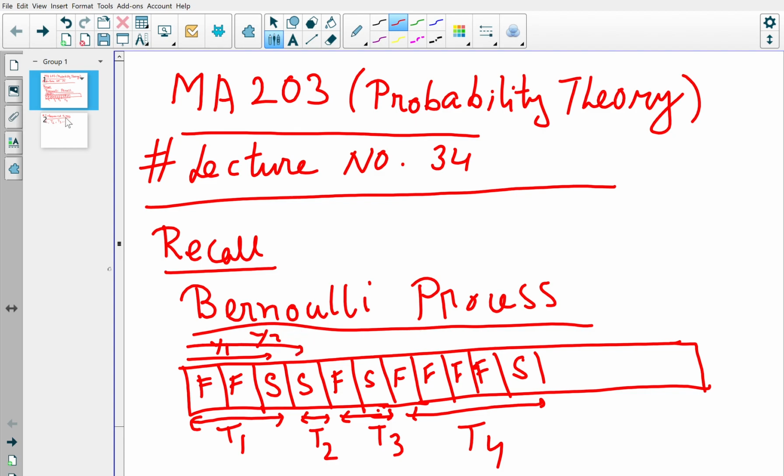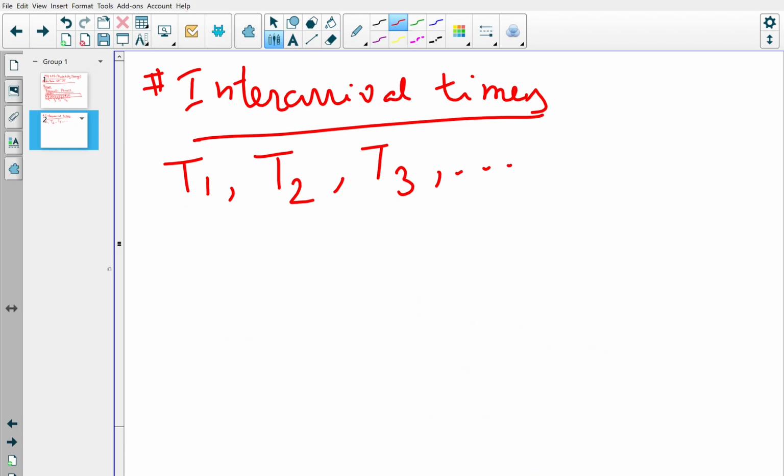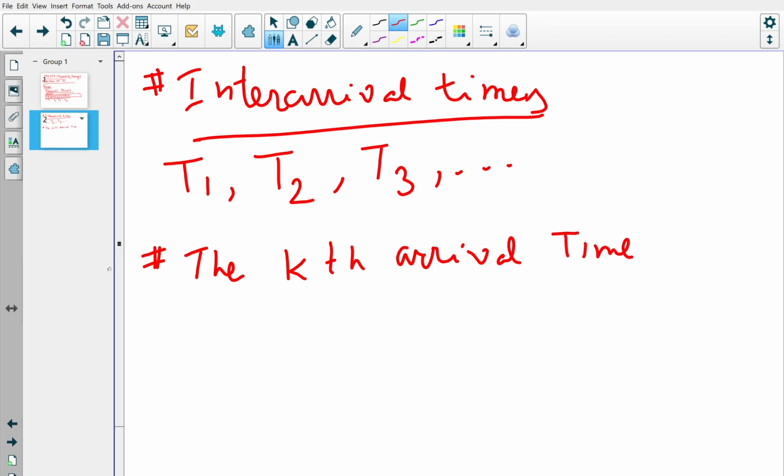So I can define one more random variable called the kth arrival time, by Y1, Y2, Y3, and so on.